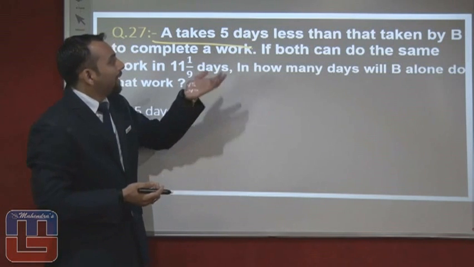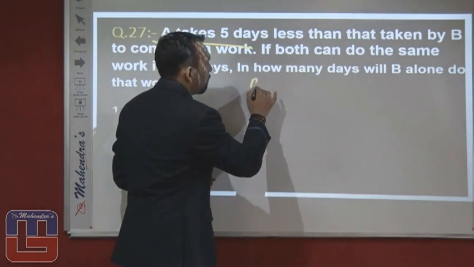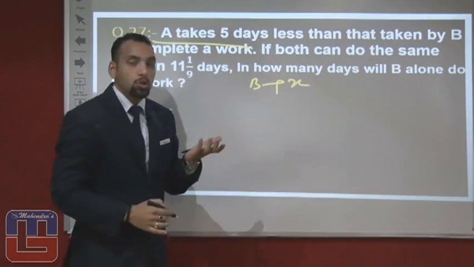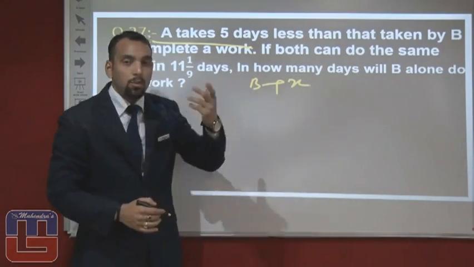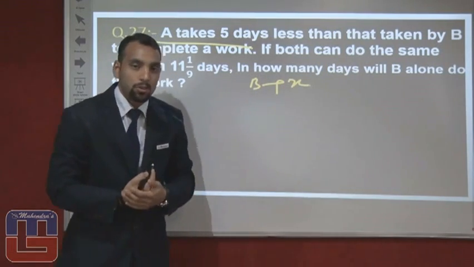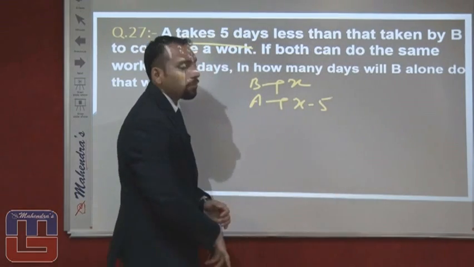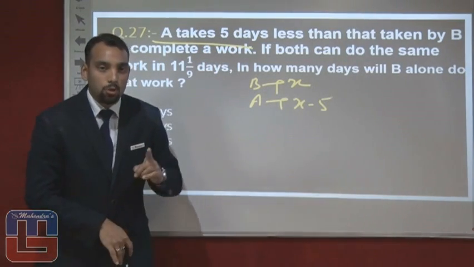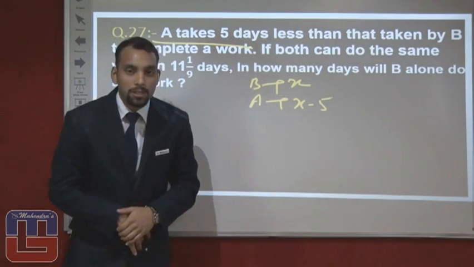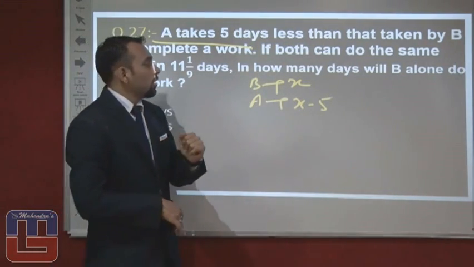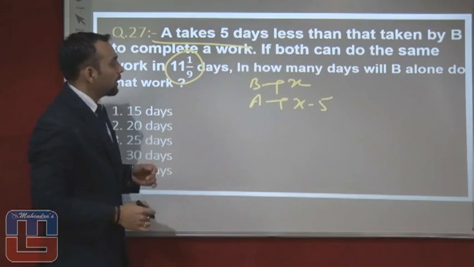A is taking 5 days less than B. Let us assume B is completing the work alone in X days. So A will complete the work in X minus 5 days, because according to the question, if B is X, then A will be X minus 5.